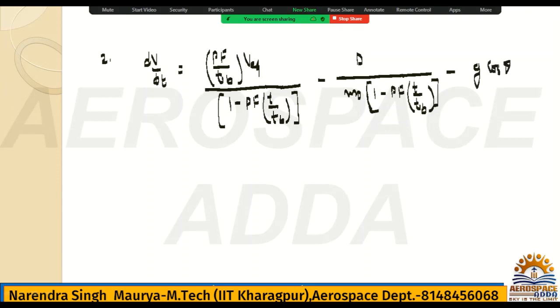This is the equation. Okay, this is called the rocket equation.